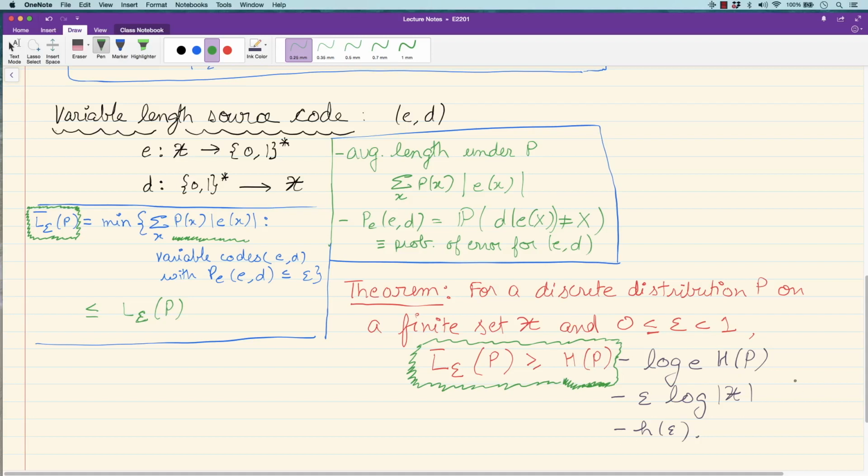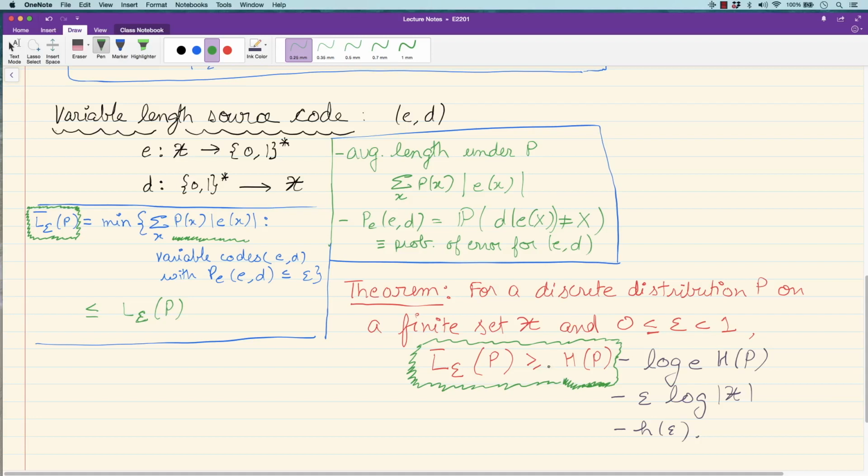Some of the other terms are a manifestation of the proof. This, for instance, can be improved. This minus epsilon log cardinality of x is just a logarithmic dependence on cardinality of x, but you see, this is more than entropy actually. What you can show is that this can be improved to h of p itself.